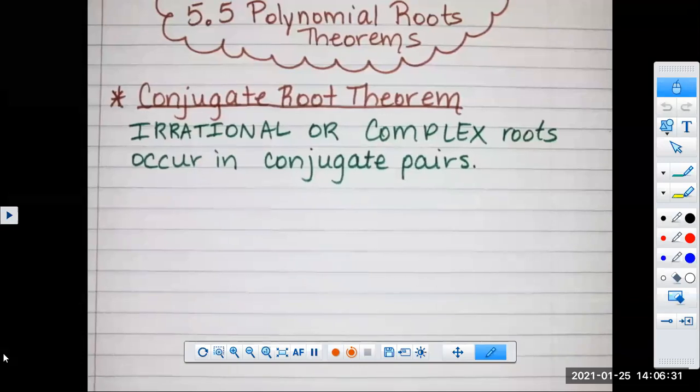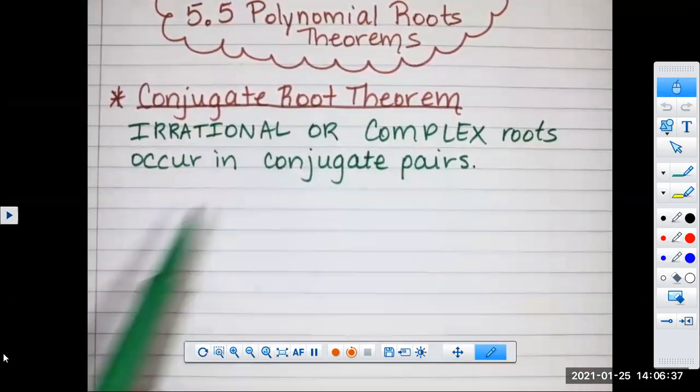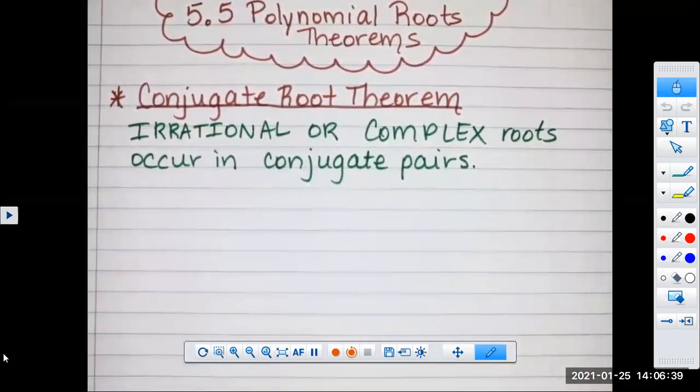All right, so they occur in conjugate pairs. Now let's back up and let's remember what an irrational number looks like, complex number, and then we'll talk about what conjugates look like to help us make sense of this. An irrational number is in the form of like pi, square root of 2, square root of 7.